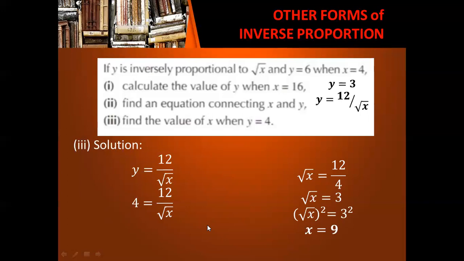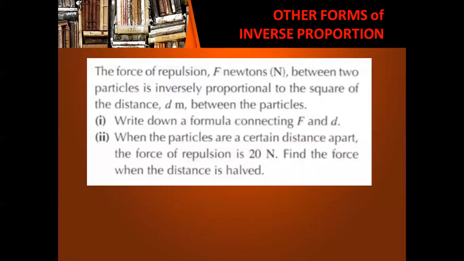Let's have another example. The force of repulsion F newtons. Newtons is represented with the capital letter N. Between two particles is inversely proportional to the square of the distance d.